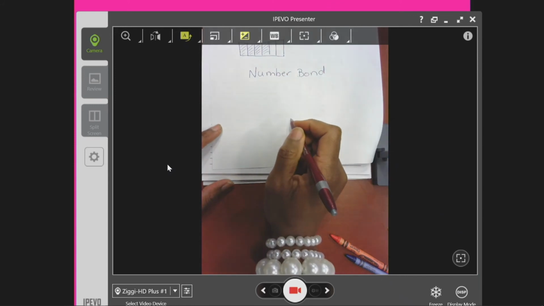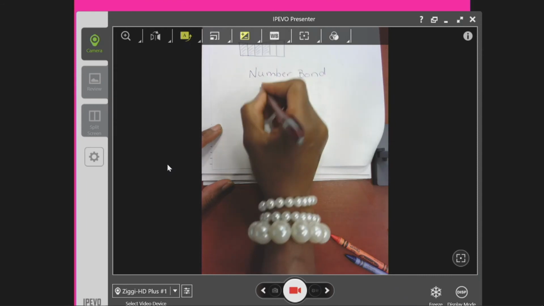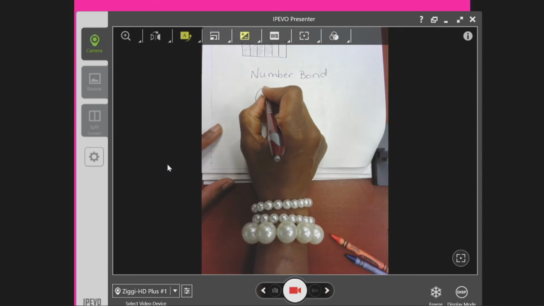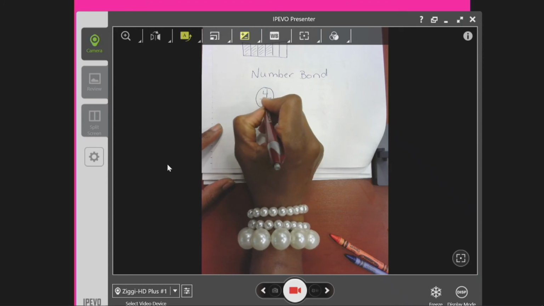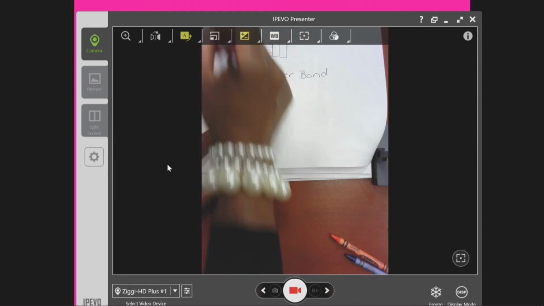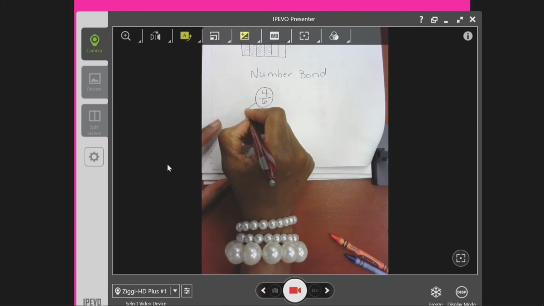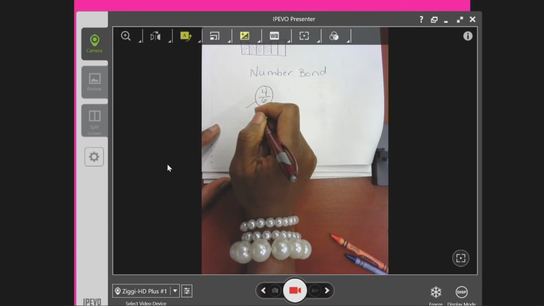What is a number bond? A number bond is a way that we can show a part-whole relationship. So to make up the 4/6, which is the amount that we're starting with, what are the individual units or the individual fractional parts that make up 4/6?